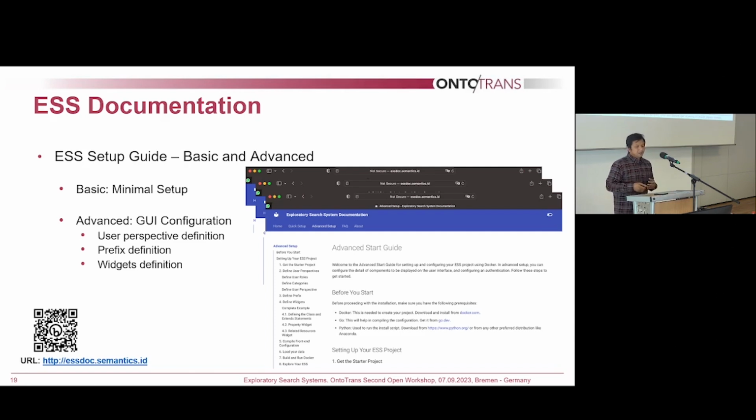Other things, like the widget definition, you can use for customizing the info boxes, what you see on the right side, or what you can see in the related object section. So you can use it to customize the logic of the ESS.